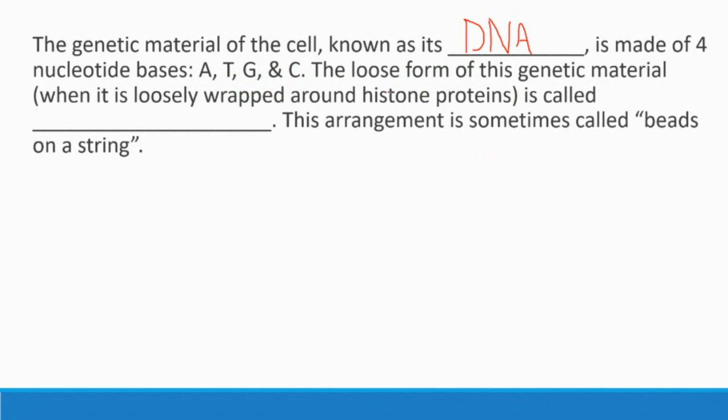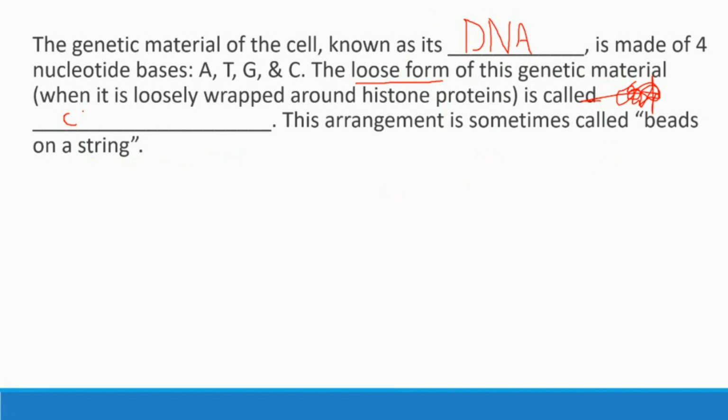When we talk about the loose form of DNA, this is the spaghetti noodle form of DNA that we mentioned before. What did we call that spaghetti noodle mess that I drew for you guys? Anybody write it down? The loose form, yeah.